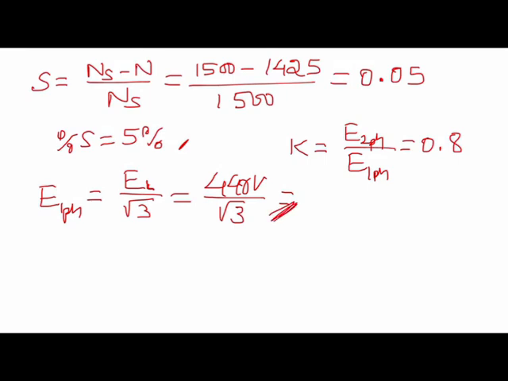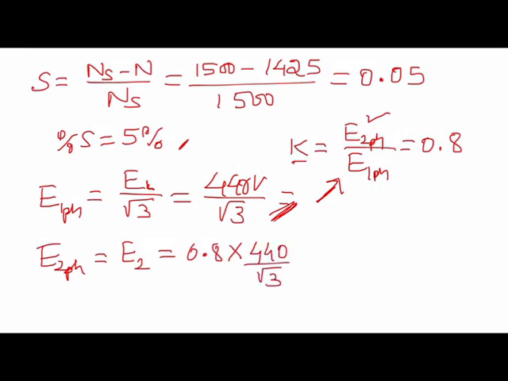you will get the phase voltage. So from this equation, E1 phase is known, K is known, E2 phase we can calculate here. So E2 phase, in general we will just write it as E2 while substituting in the torque equation. So this will be equal to E1 phase into 0.8, where E1 phase is the 440 divided by root 3.